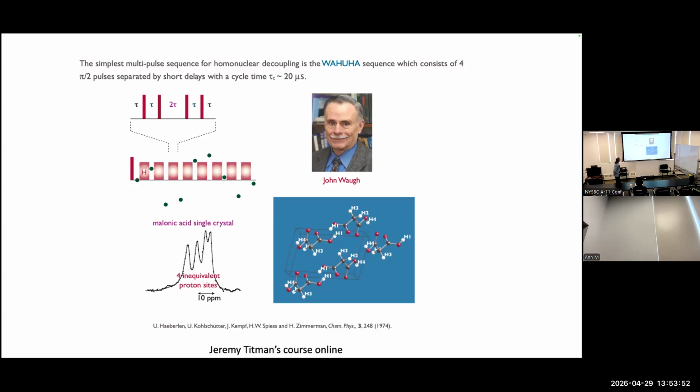It consists of 4 90-degree pulses and some short delays, and you can come in and detect on these delays. That's the 4 pulse element, each one of these orange squares. This was the early days of detecting protons with magnets that we would consider to be low field nowadays. This particular layout of the graphics came from different places, but it's Jeremy Titman's course. He put it together this way, and I thought it was nice.